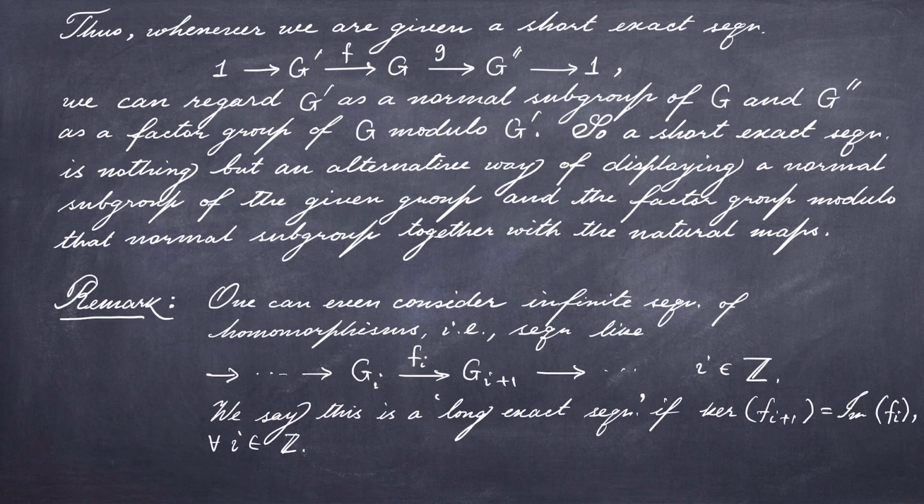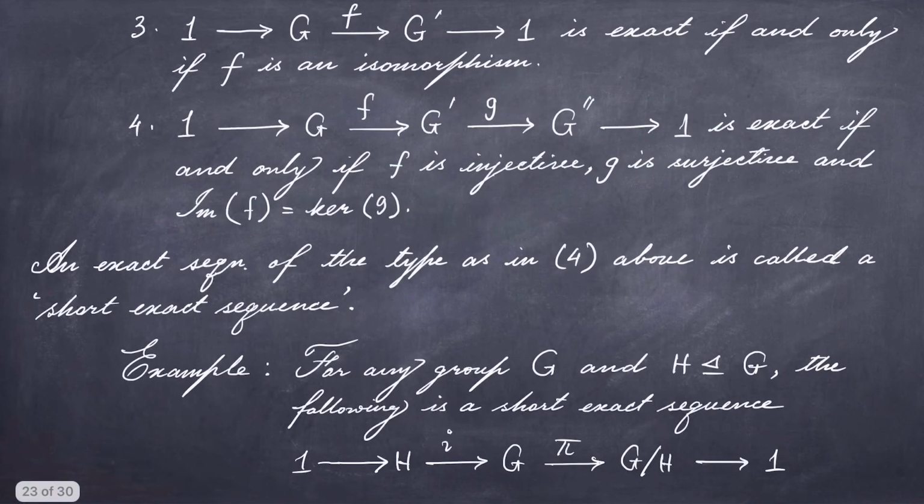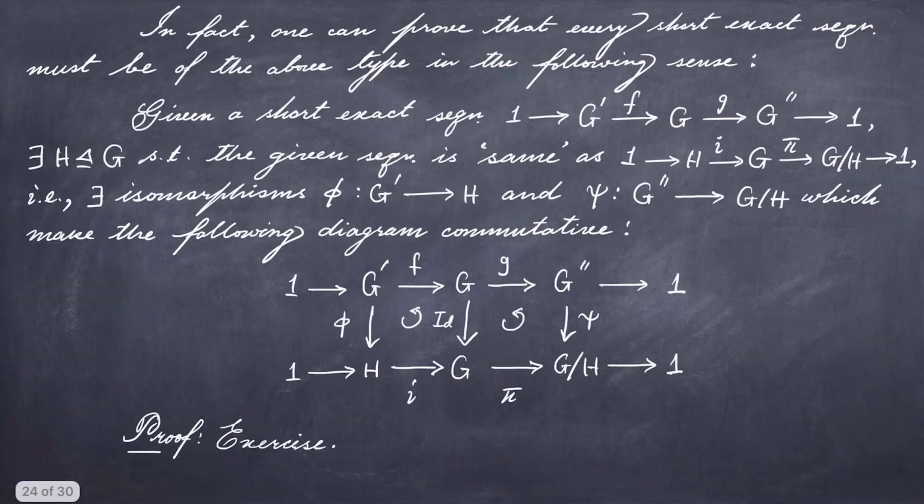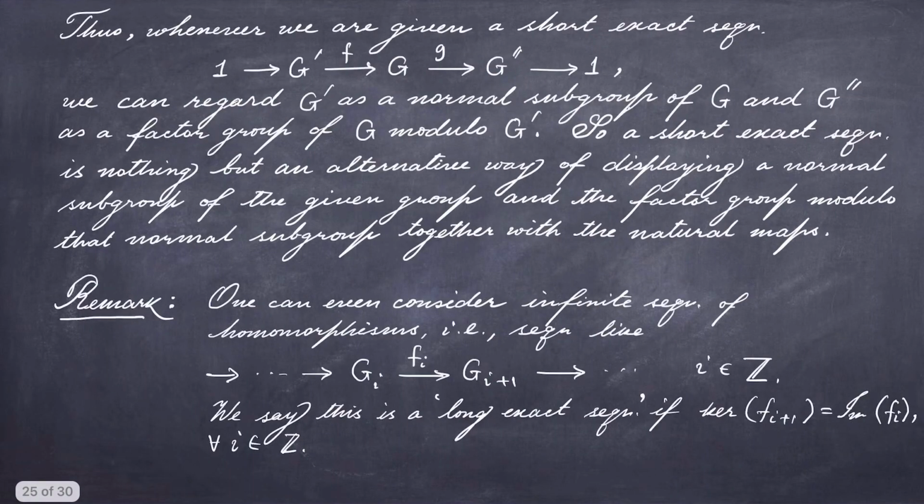All right, let me make a remark here. Earlier we considered exact sequences having multiple joints, but we have considered only finite sequences. Now we can even generalize that.